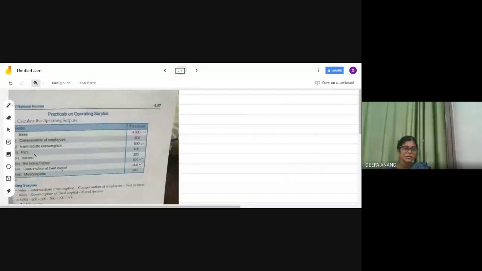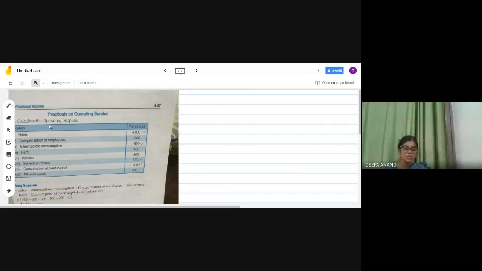Okay, look at the next question. Now this is the operating surplus question. Sometimes a question comes for finding out operating surplus alone. Because of that, I had told you the other equation: sales minus intermediate consumption minus compensation minus net indirect tax minus consumption of fixed capital minus mixed income.